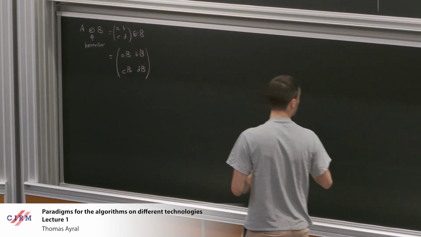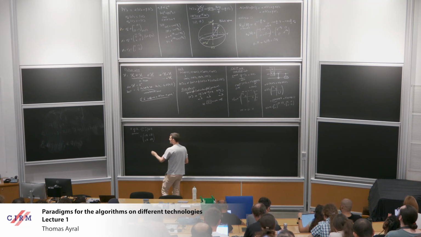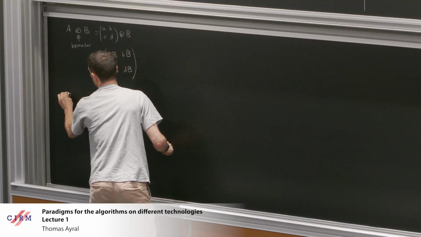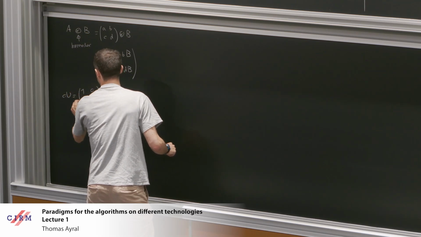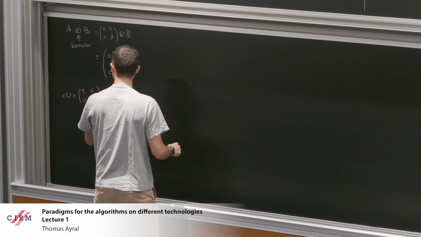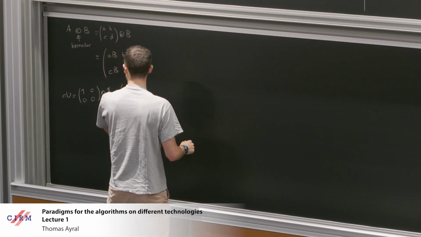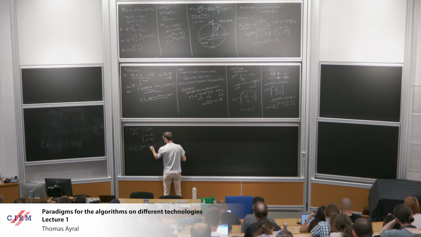And we can try that it works for what I told you here. I hope it works. So if I do CU, and I say it's 0, 0. So 0, 0 we said was 1, 0 cross identity plus 1, 1 and 1, 1. I can convince you easily by the same computation.